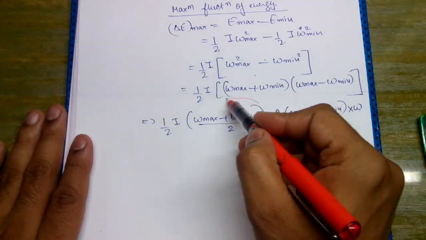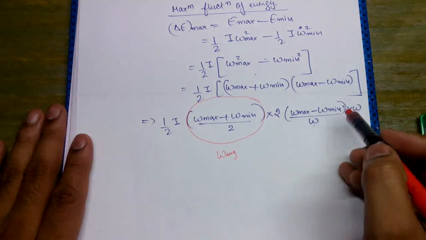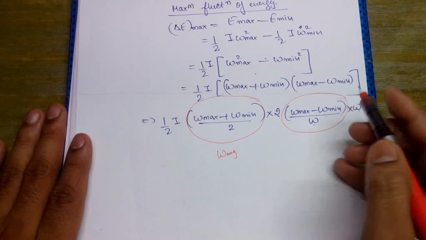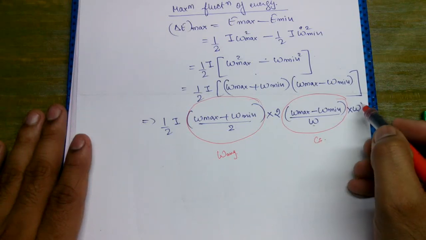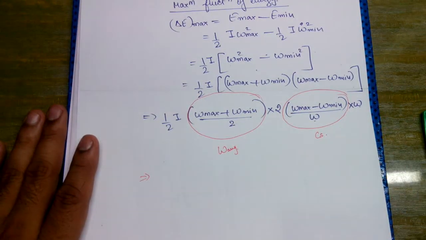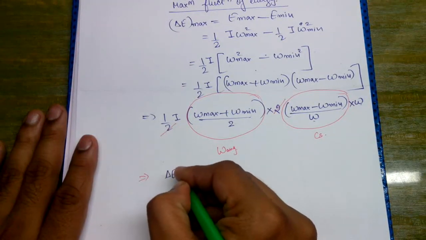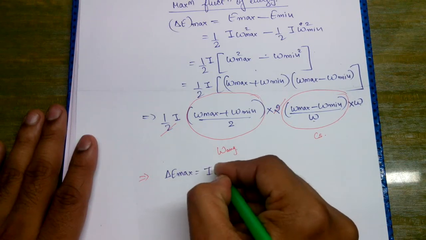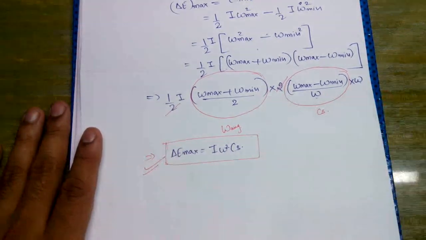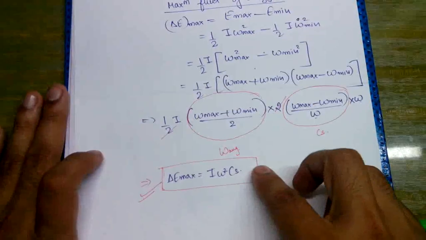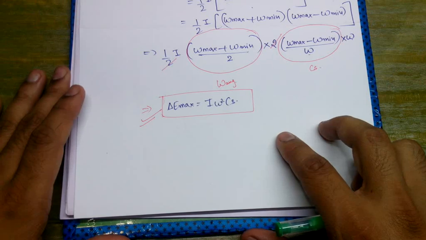Now we can observe that this quantity simply becomes omega average, and this quantity simply becomes the coefficient of fluctuation of speed. This 2 and 2 get cancelled out, so delta E max is I omega square CS. Please remember this formula because it is very important, and this entire procedure is very important in itself because numericals are directly asked from this formula.